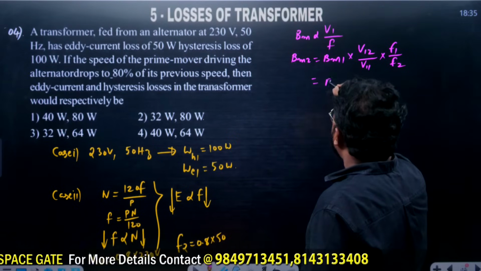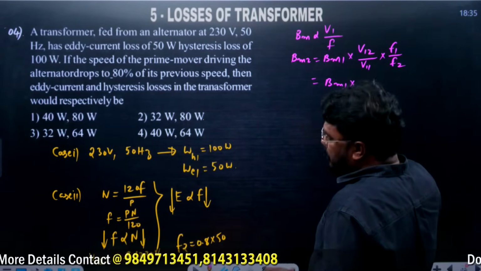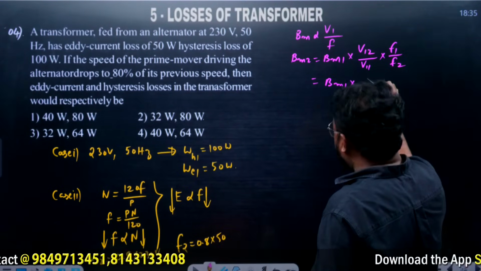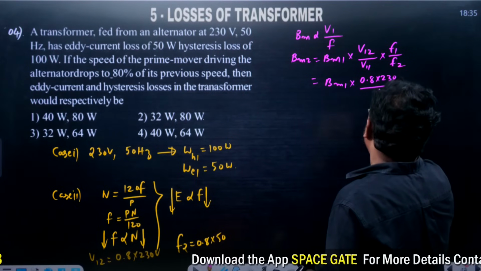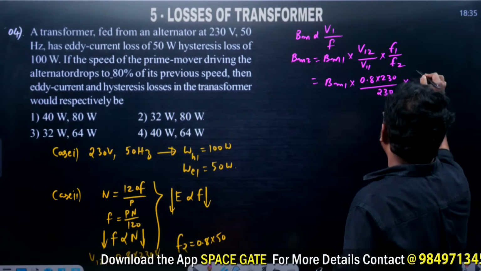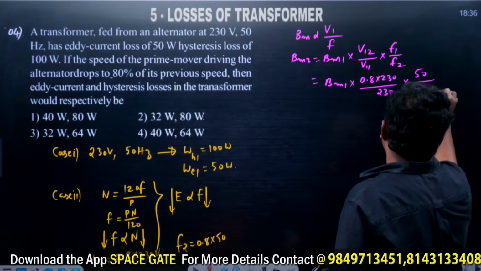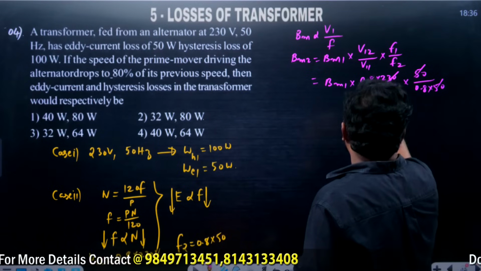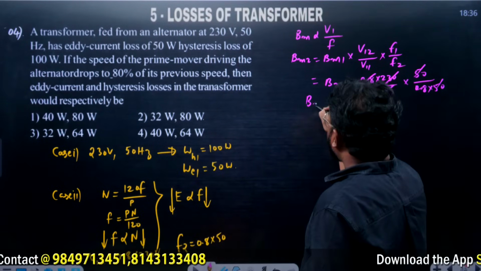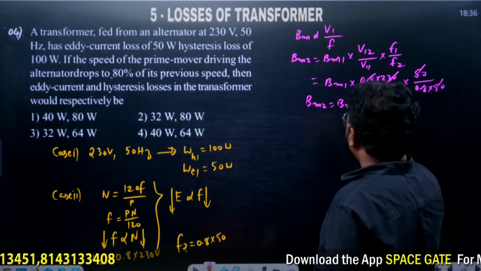That is 0.8 times 230 volts divided by 230, and F1 is 50 Hz over 0.8 times 50 Hz. 230 cancels, 50 also cancels, 0.8 cancels. So B maximum 2 is equal to B maximum 1.